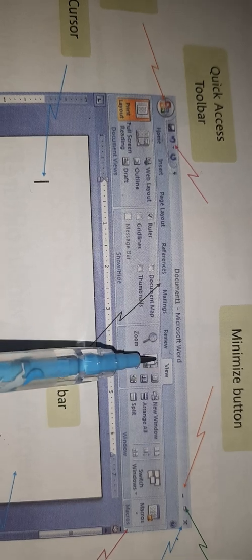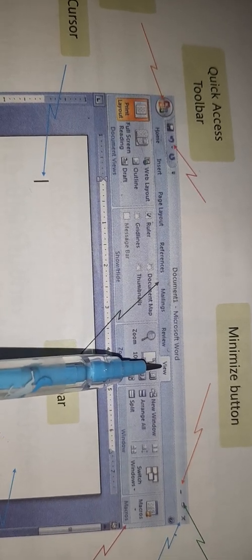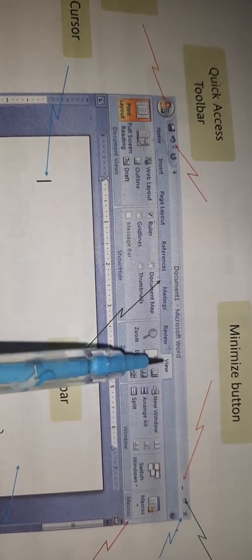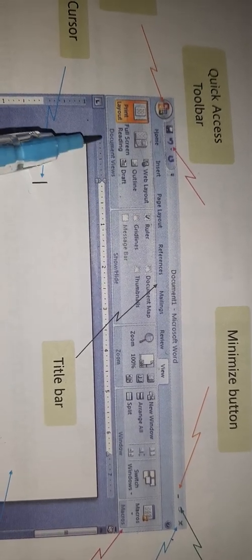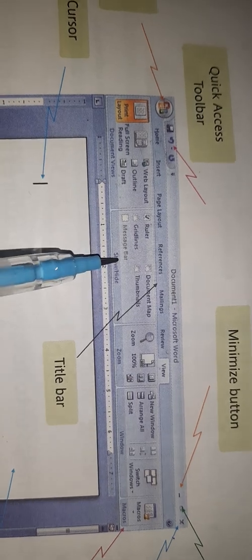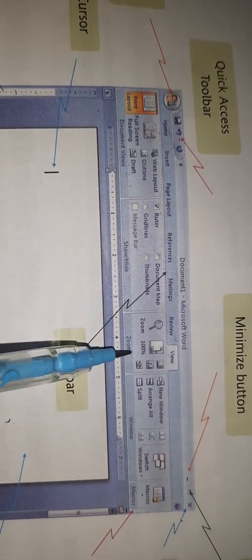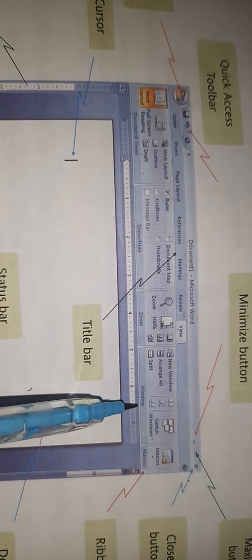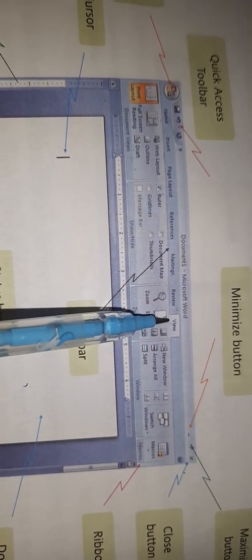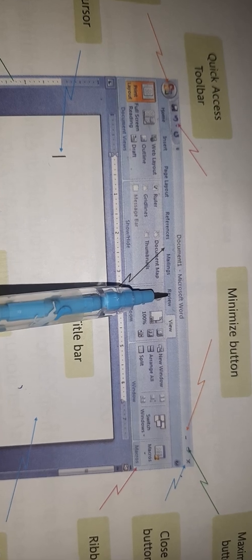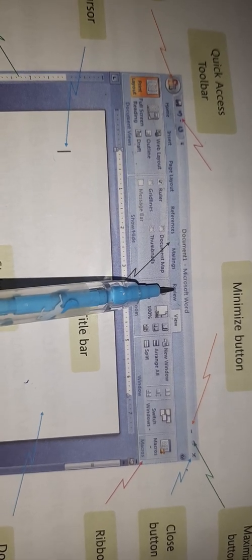Right now this tab is opened, the View tab, and under this we can see these groups. Document view is a group, then show hide is a group, zoom is a group, window is a group, and then macros is a group. If we open the review tab, new groups will be there.